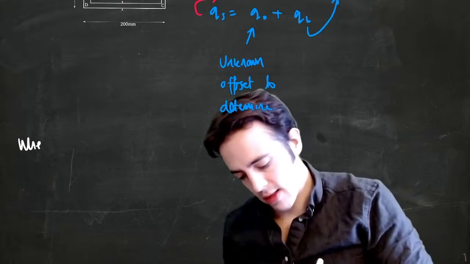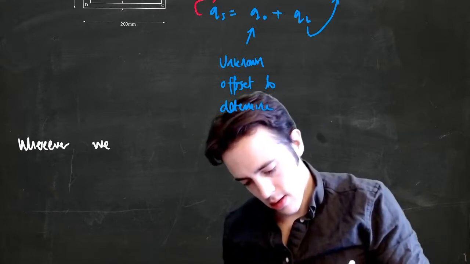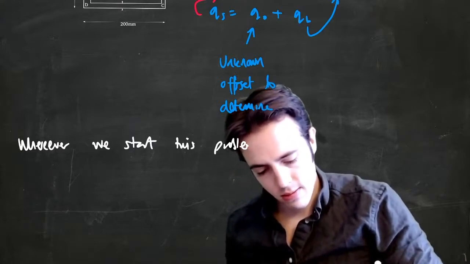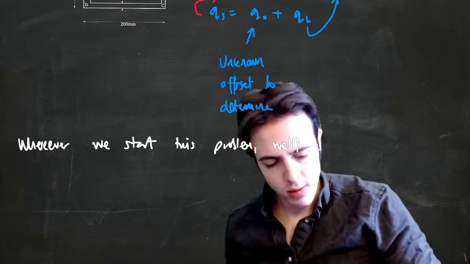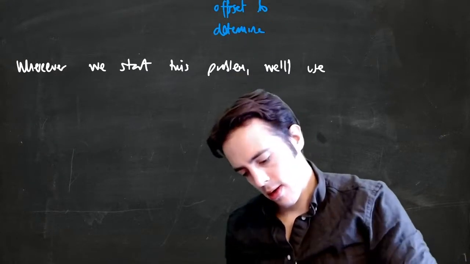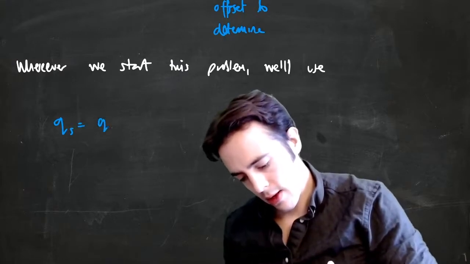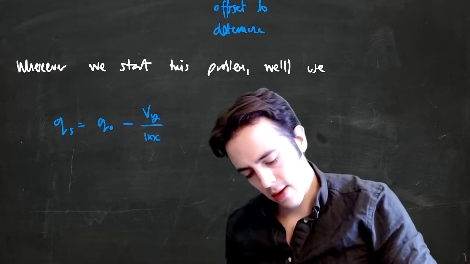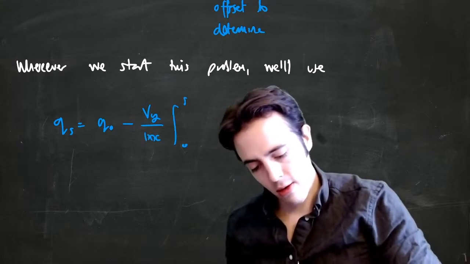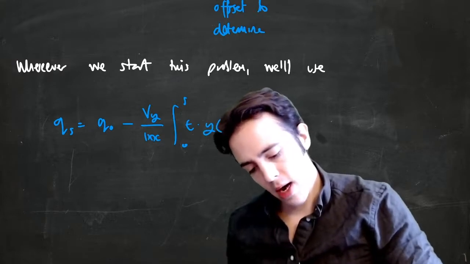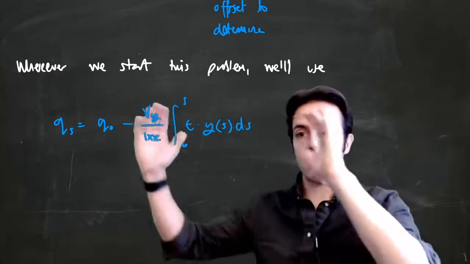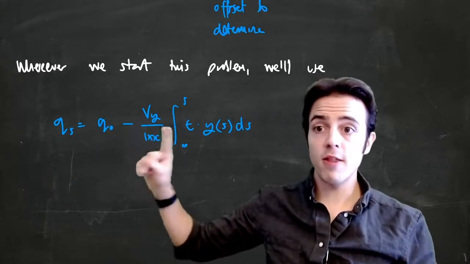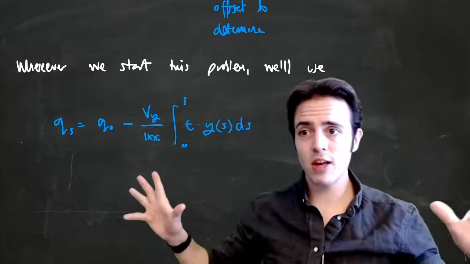So wherever we start this problem, we'll use qs equal to q0 minus Vy on Ixx, integral from s to 0 of thickness multiplied by y as a function of s ds. So this equation is going to help us solve this whole problem, and we are ultimately going to determine what the value of q0 is, and then that's going to give us all of those shear flow distributions.